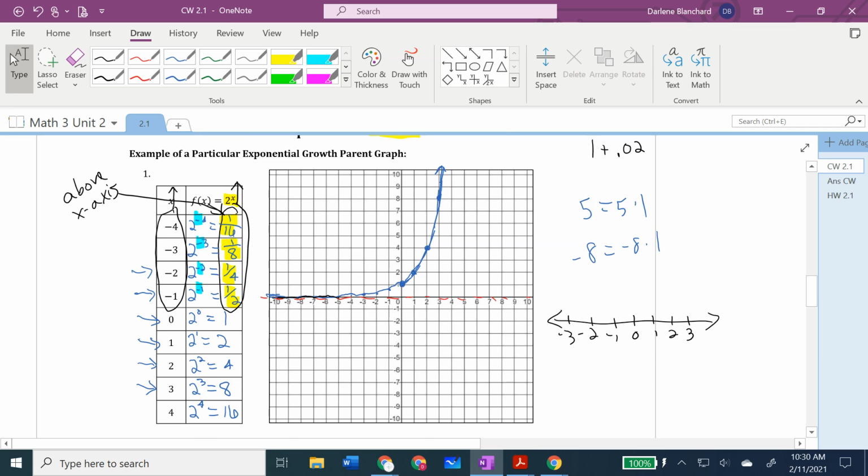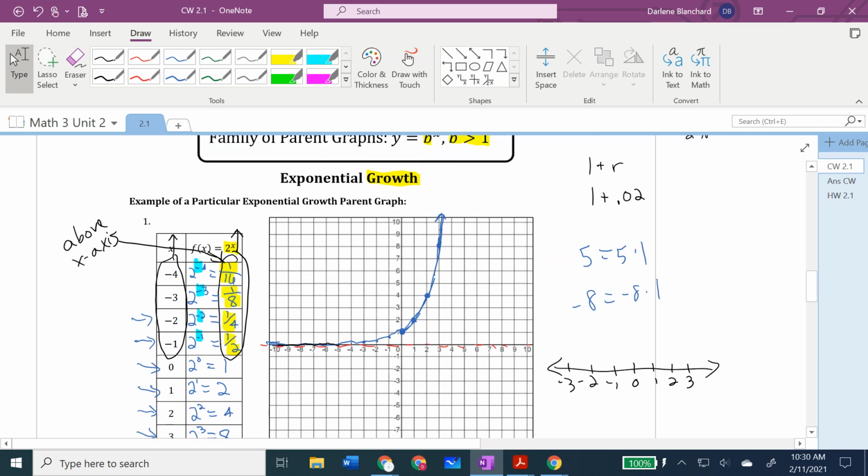When we look at the exponential decay model at a later time, if you remember the idea of the whole carbon dating, those isotopes, they go through an exponential decay.